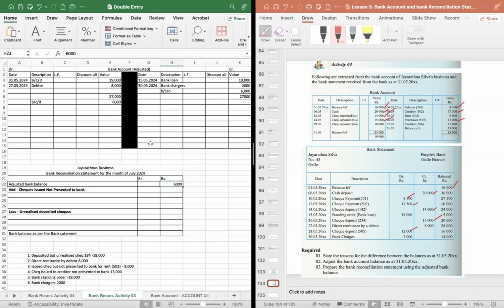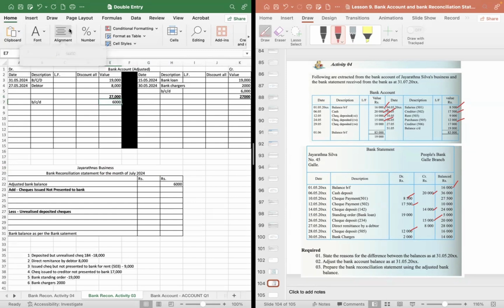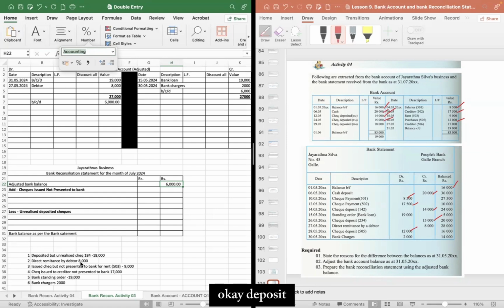Right? මේ 6000 වලින් පටන් ගන්නවා. එතකොට දැන් මේකෙදි වෙලා තියෙනවා deposited but unrealized checks. Okay, deposited but unrealized checks.